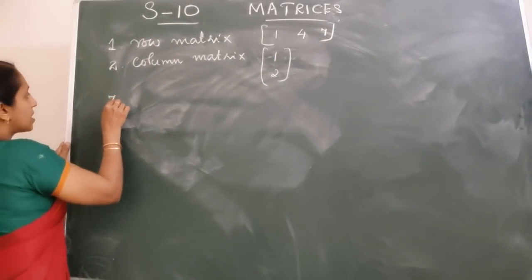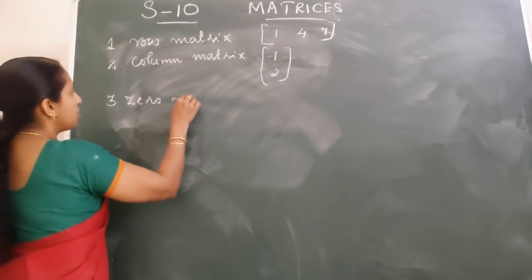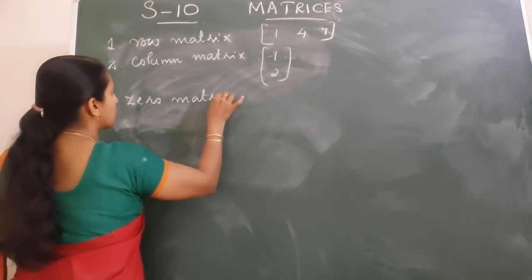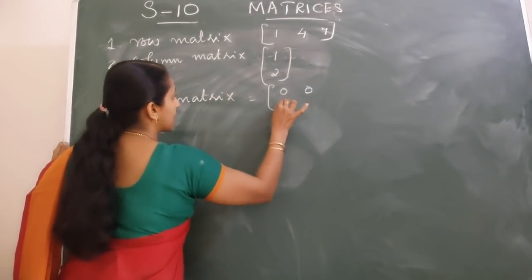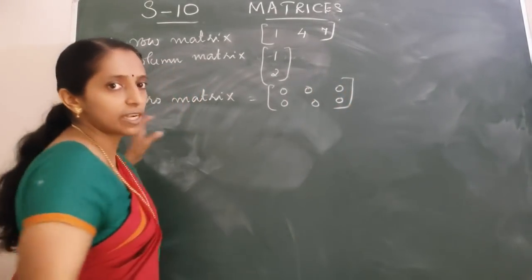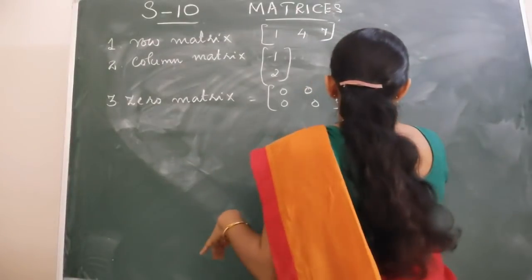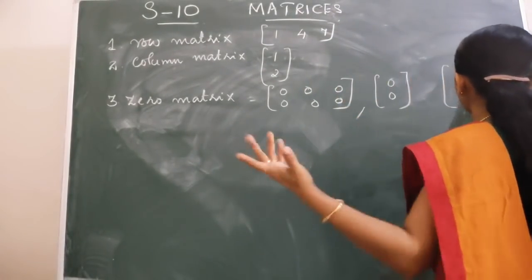And the third one is the zero matrix. A zero matrix means all the elements of the matrix will be zero. This is one type of zero matrix. This is also a zero matrix. We can have different orders.